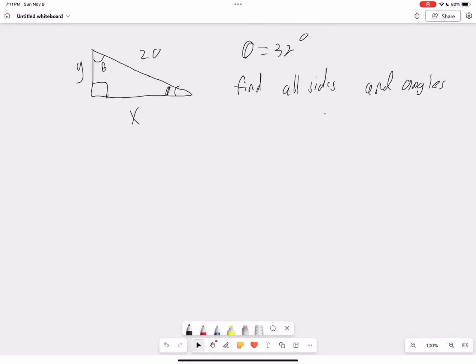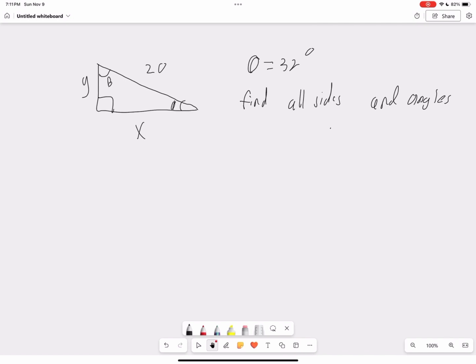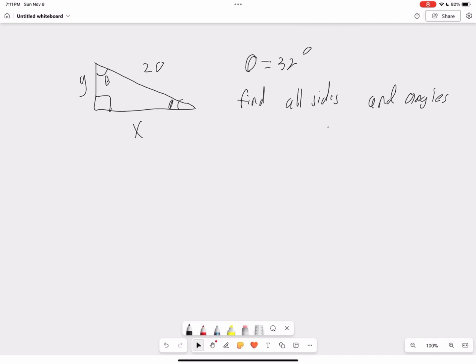So let's do this. There are a few ways we can approach this problem. We do have theta, and we're missing beta, so we can go ahead and solve for beta. How would we go about doing that? Anytime we're working with triangles, you can use this formula: 180 degrees minus the quantity 90, which is this angle right here, you always have it, plus the angle that you already have, which is 32 degrees.